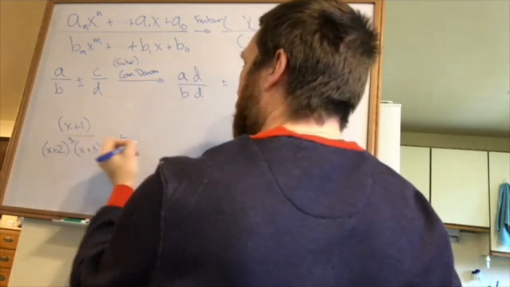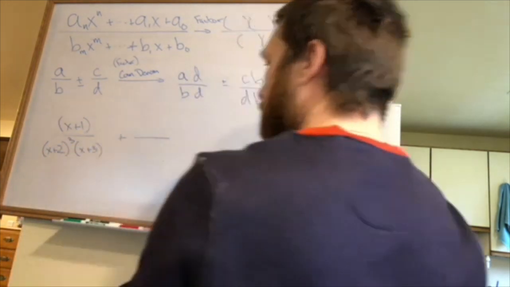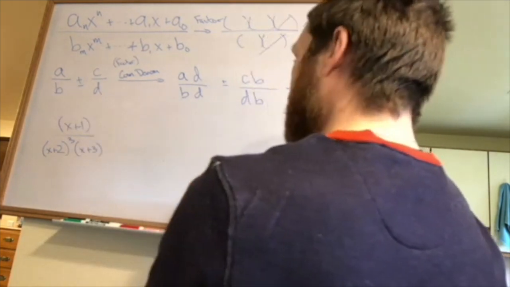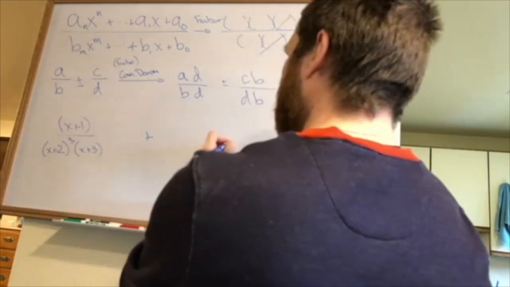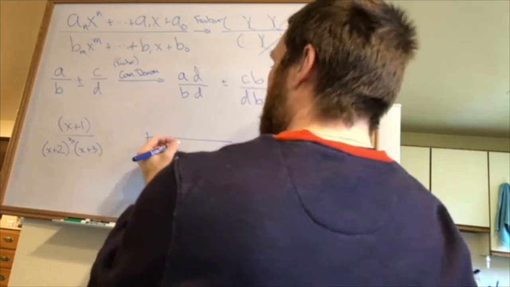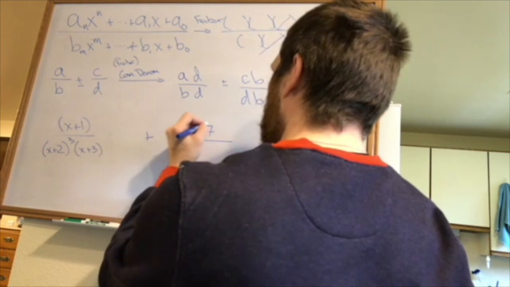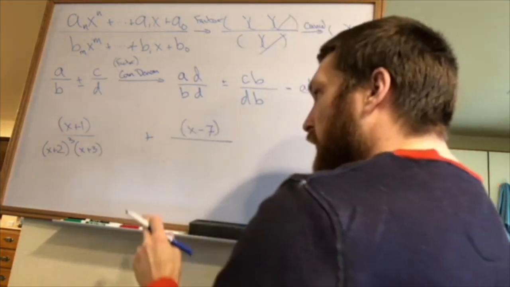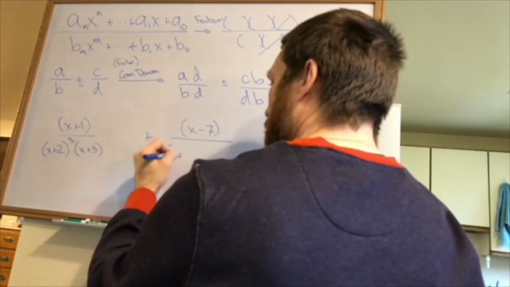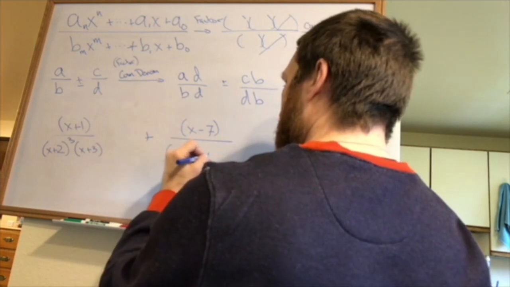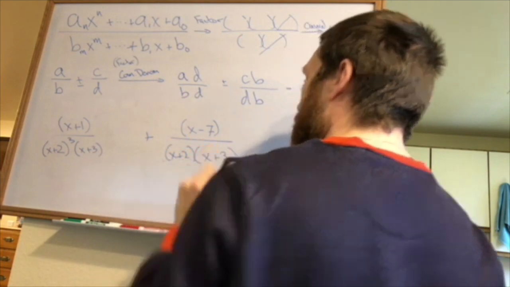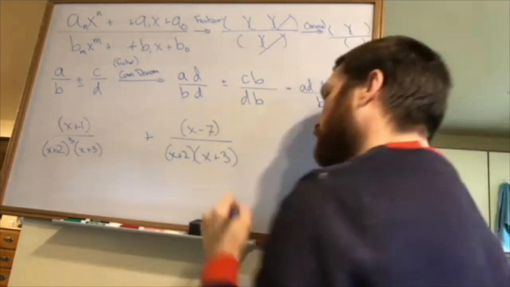And I want to go plus, I'm going to give myself a little bit of room here, plus, how about x minus 7 over x plus 2, x plus 3 to the... Oh boy.